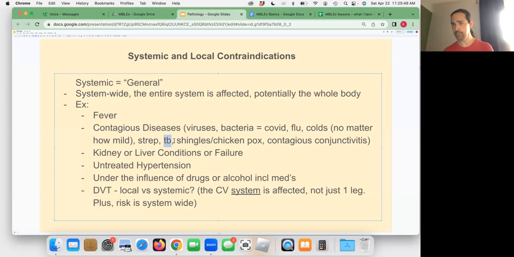Tuberculosis may not sound like it happens very often, but people are exposed to TB all the time. Especially, I know some of you are in states where there's a large influx of immigrants on a regular basis. I am too. Even though we may have tuberculosis shots from an early age, that doesn't always happen in all countries.